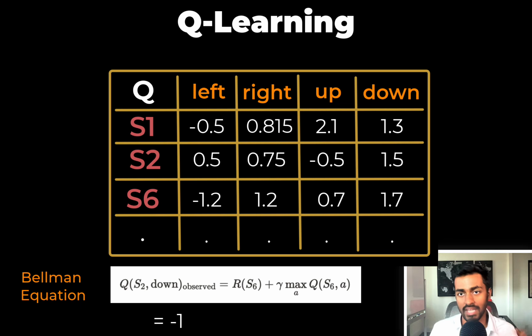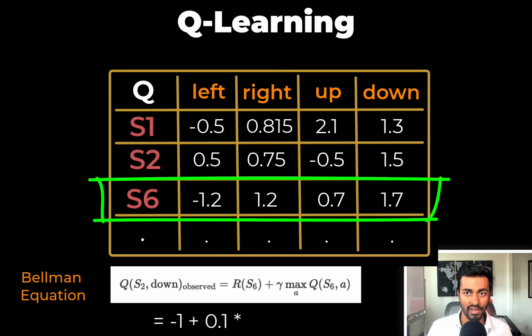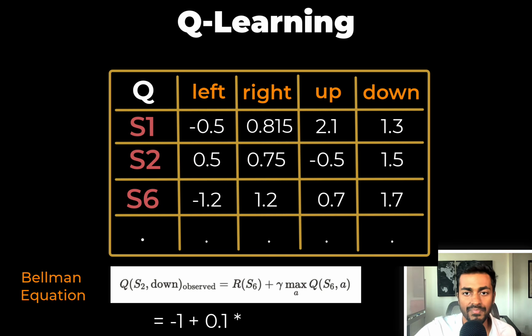And from our table, when we are in state S6, the maximum possible Q value is going to be 1.7. And this is the value if we choose to go in the downward direction from S6. So we substitute that in the equation and we get -0.83.